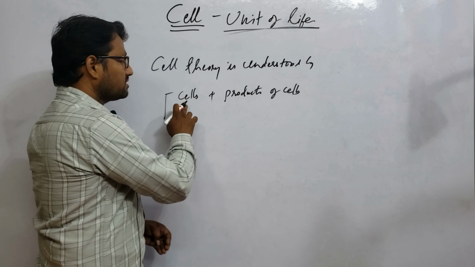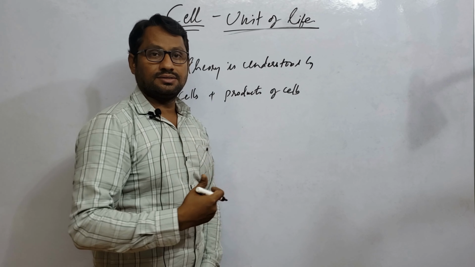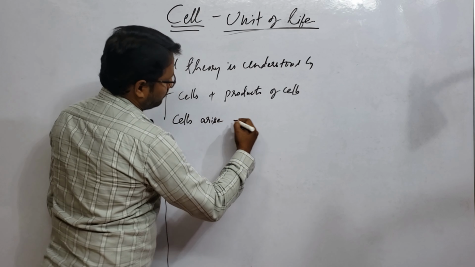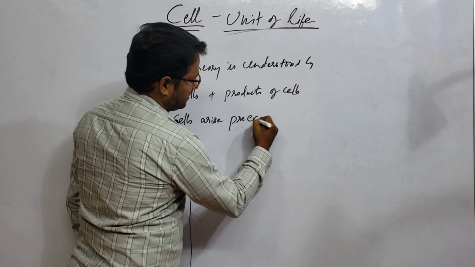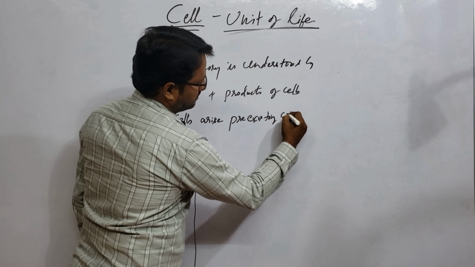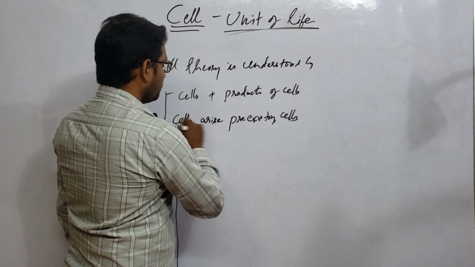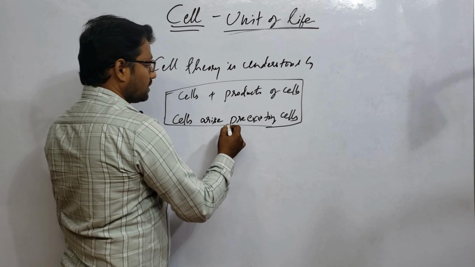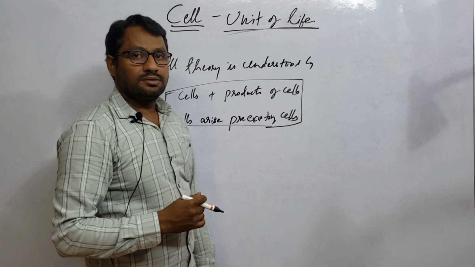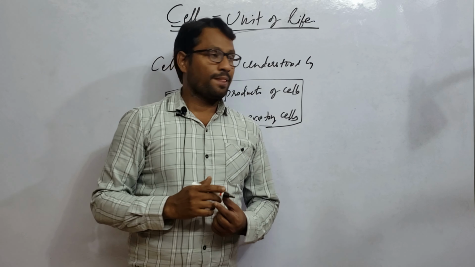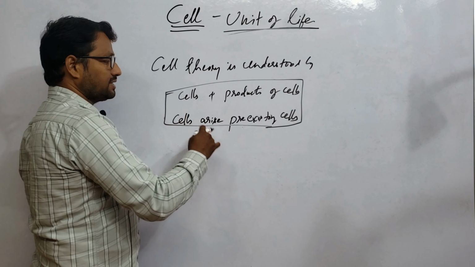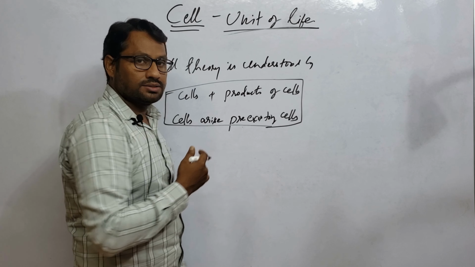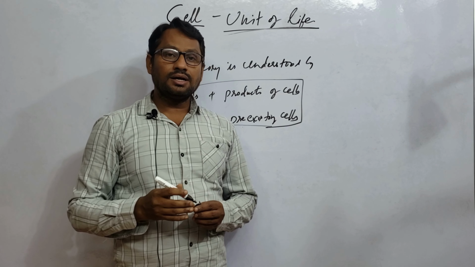Another is all cells arise from pre-existing cells. So here we conclude the cell theory, which was concluded by Rudolf Virchow, that all cells arise from pre-existing cells, and also all living organisms are composed of cells and products of cells.